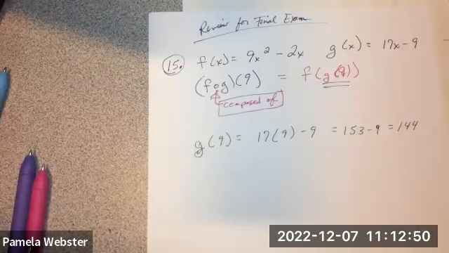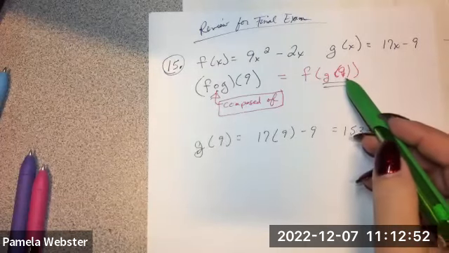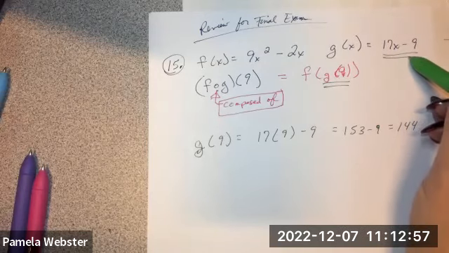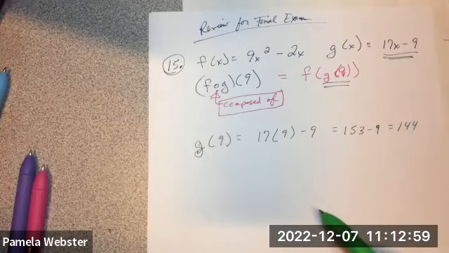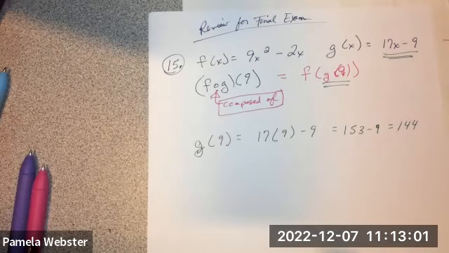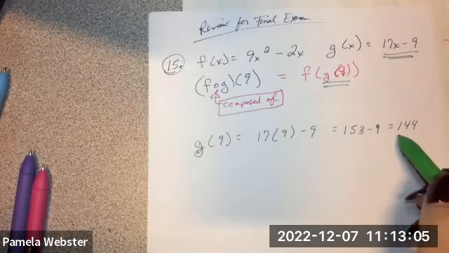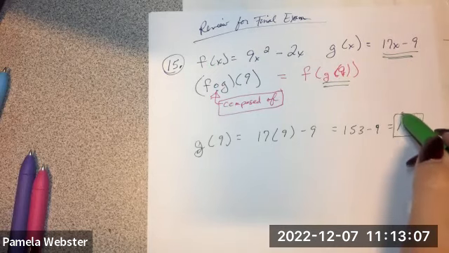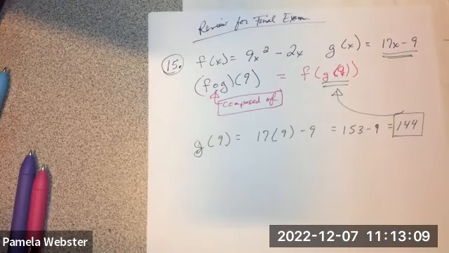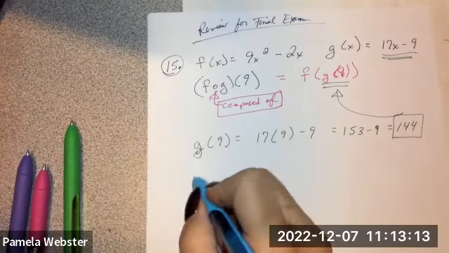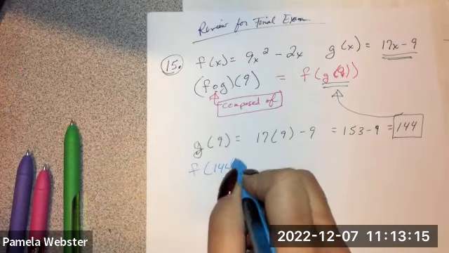If it had just been g of x, then I'd have all of this stuff to plug in, the 17x minus the 9. But because I have a number, it's not going to be too terribly horrible. So now we're going to take this guy, 144, and plug it in for the f, so that's going to look like f of 144.